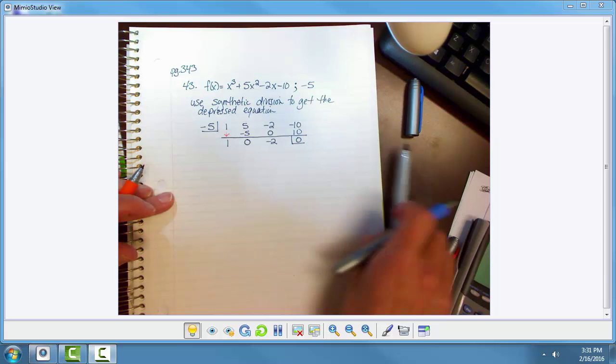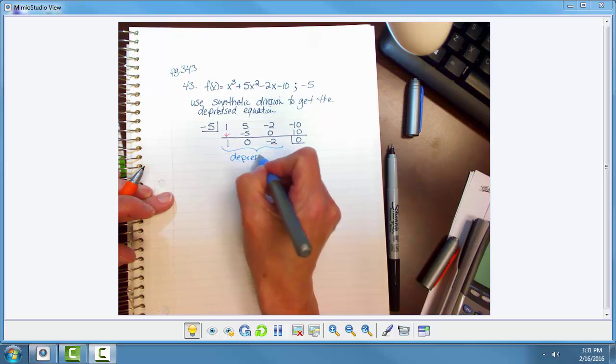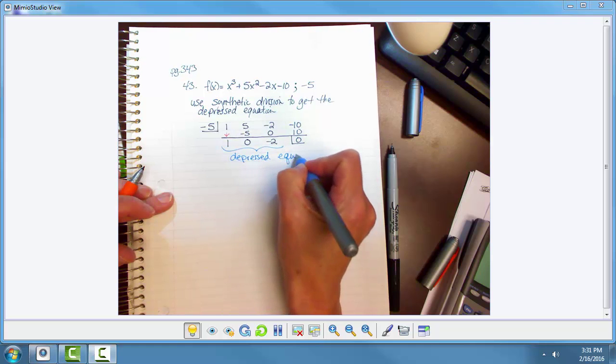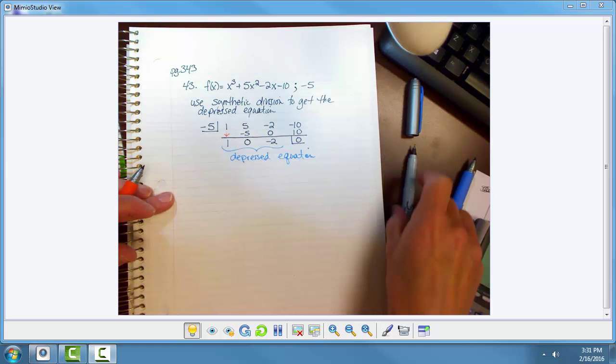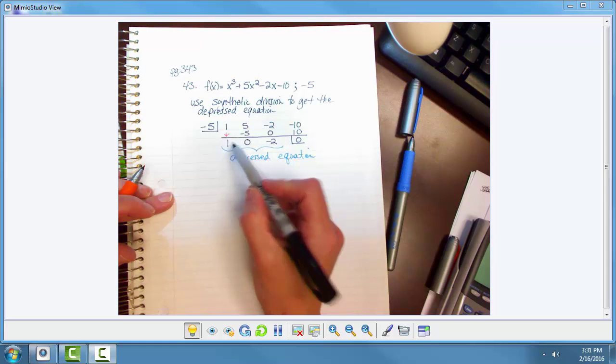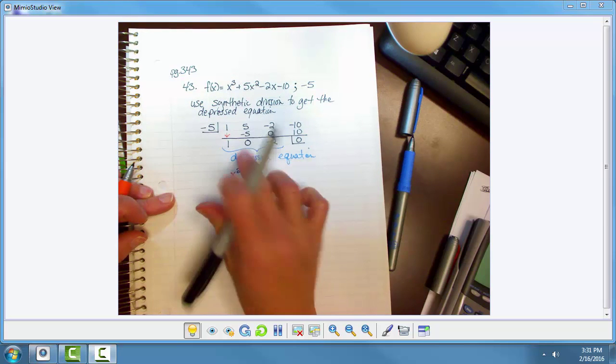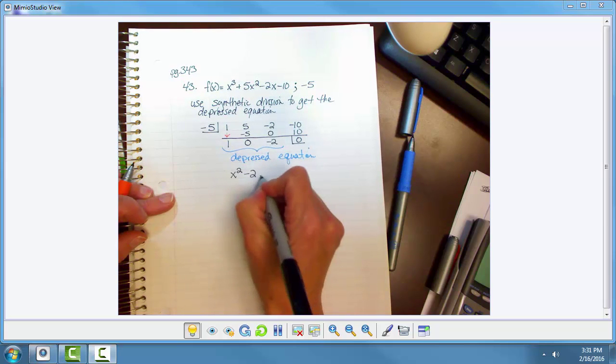Now from this result here, this line right here, we get what's called the depressed equation. Because this started off as x to the third, the depressed equation will be x squared. So that's x squared, there's no x, minus 2 equals 0.